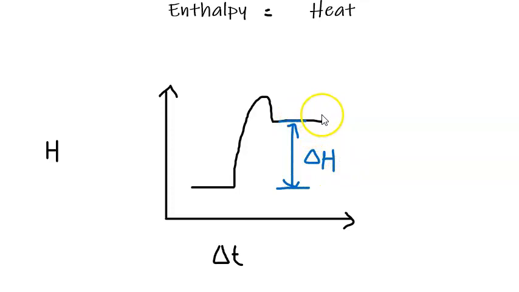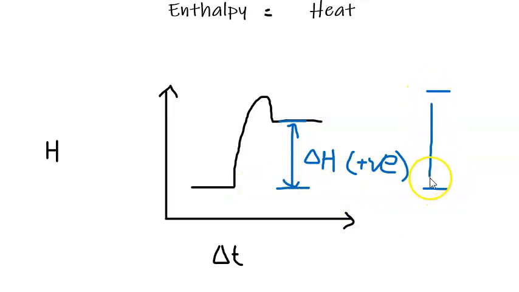Because the value of the enthalpy of the products is greater than the value of the enthalpy of the reactants, this is going to be a positive value when we have this reaction that absorbs heat. And the activation energy of this reaction is taken from the top of the peak there. This is the energy that needs to be input for the reaction to occur. So this is the activation energy.